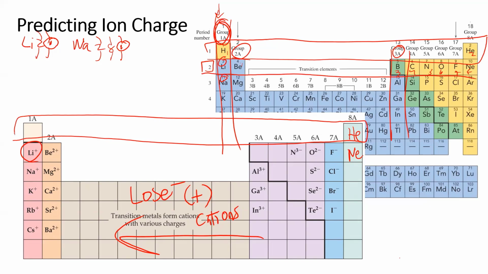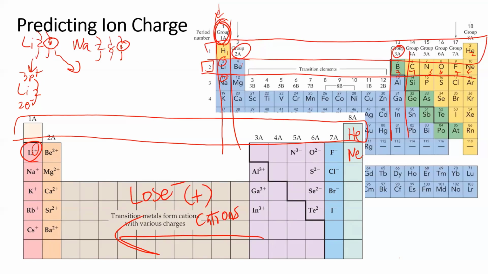So it could lose that 1 electron, give it away, and then it would have only 2 electrons. So it would have 3 protons and 2 electrons, which gives me a positive charge.